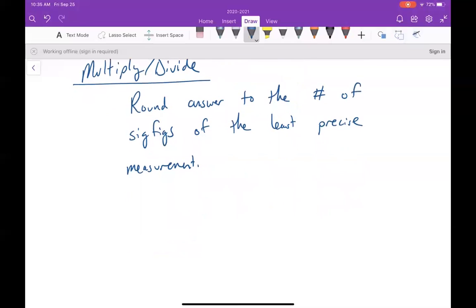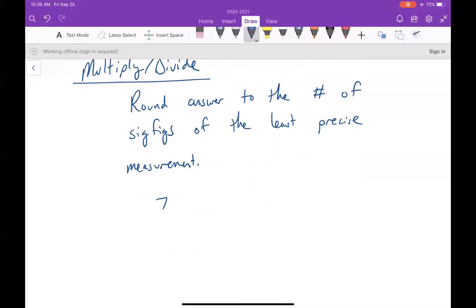So let's take those same numbers we just had, but let's multiply them instead. Okay. So again, I'm just going to punch these into the calculator. And I'm going to write down exactly what my calculator tells me, which is that. So now we have to decide, okay, where do we cut this off?